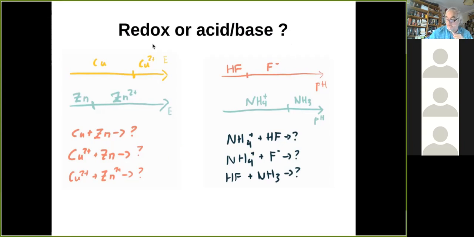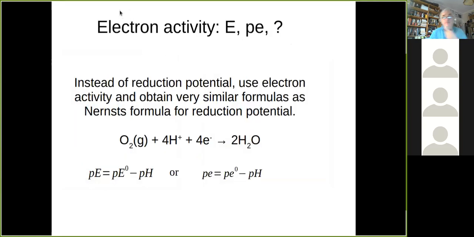Then if we continue. So when it comes to these sort of redox diagrams or redox discussions, we use either the reduction potential, or sometimes we should have a look at an alternative way also, including something called pE.